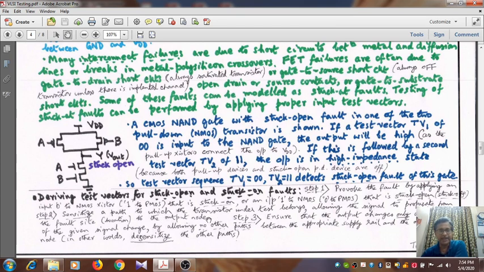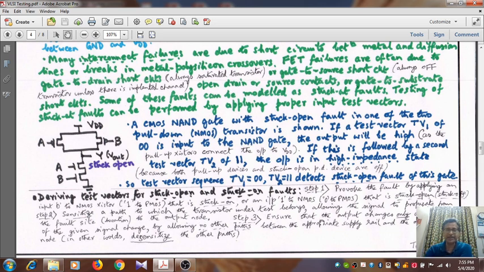My dear friend, you are not able to observe or read the value of the intermediate nodes, only the output node. That's why the path should be sensitized so that the effect of the fault can be propagated right up to the output node. We shall show one example immediately, don't worry.